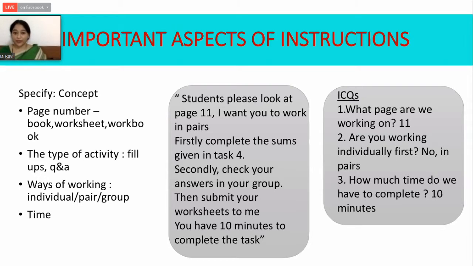We are going to be doing a fill-up activity, or we're going to be doing a simple Q&A activity, or a coloring activity. Mention the type of activity. Inform them well in advance. Ways of working. Inform them if they're going to be working in pairs, or if they're going to be working individually, or in their small groups. Inform them these three important areas along with the time limit, because that is going to indicate how well your plan is effective in the classroom.